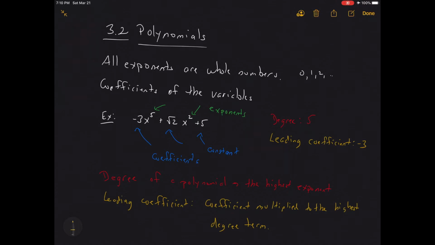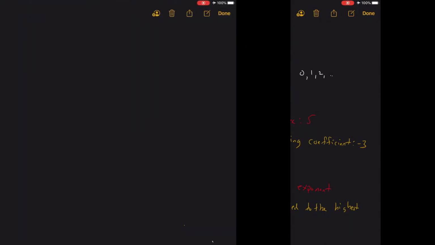Alright, so that's just kind of a good start there for us. And all polynomial functions, when it comes to their graphs, are going to be what's called smooth and continuous. So let me demonstrate.